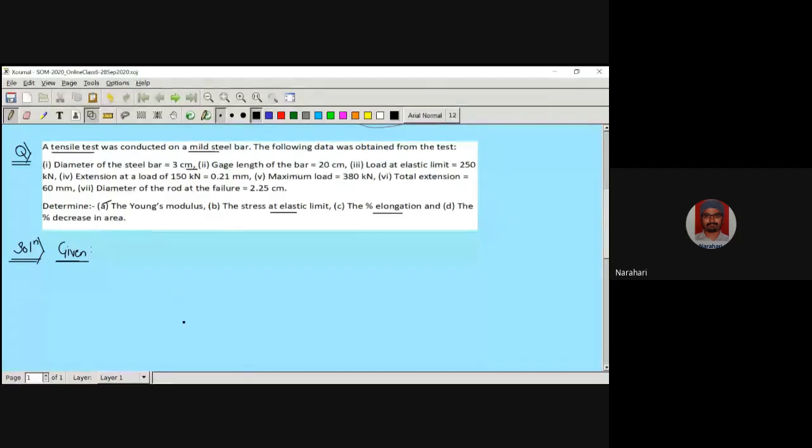The first thing that has been given is the diameter of the rod. I will denote the diameter by small d or capital D. Now one thing you have to observe, which I am going to show you: whenever you are writing the given data, you have to write it in consistent units. You have to bring all the data into a consistent form. Right now we are following the SI system of units.